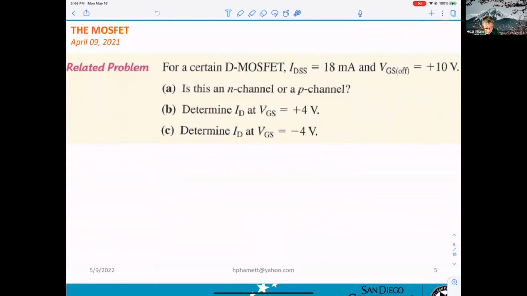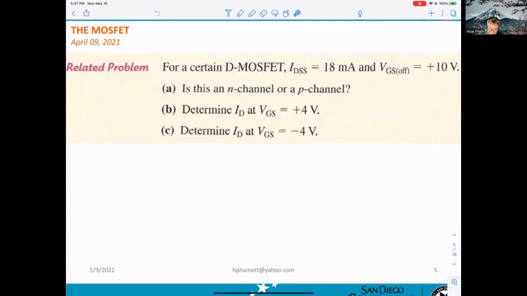Now this one you have to do for me. For a certain MOSFET, IDSS is 18 milliamp and VGS off is plus 10 volt. Number A, is this an N channel or a P channel?